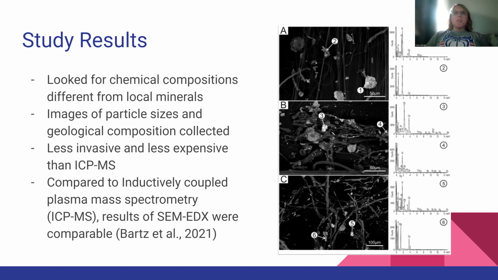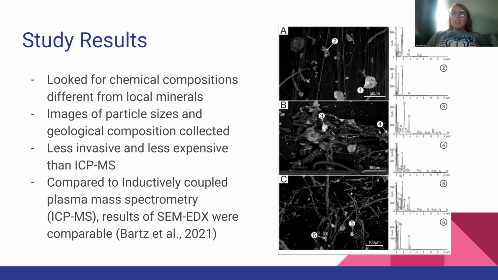Now for the study results, they were looking for chemical compositions that were different from the local minerals. So they did take control samples of the surrounding areas in order to get a good read of what are the naturally occurring elements and minerals and what are the anthropogenics. Right here are depicted some of the images of particle sizes and geological composition that was collected by the SEM EDX analysis of the particulate matter.